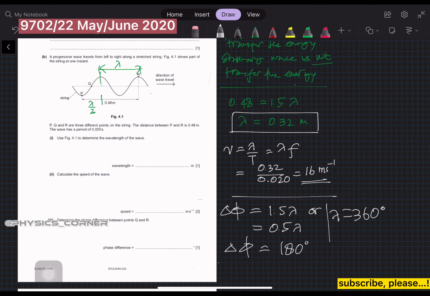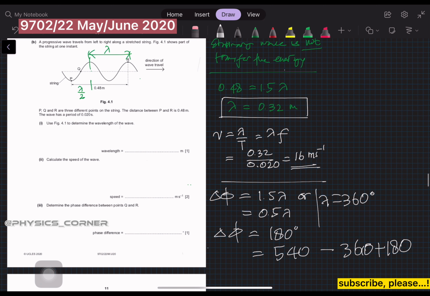That's the lambda, the same thing as one circle, or 360 degrees, and also the same as 540. This is like 360 plus 180, that's it, 180. Okay, now continue to the next question.